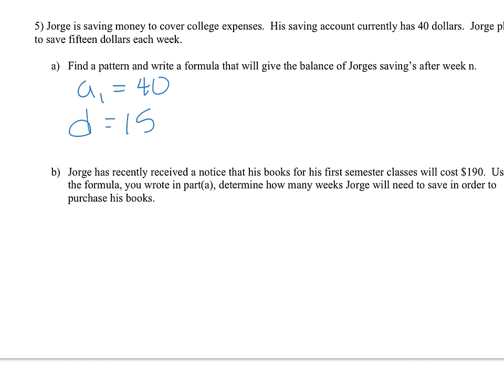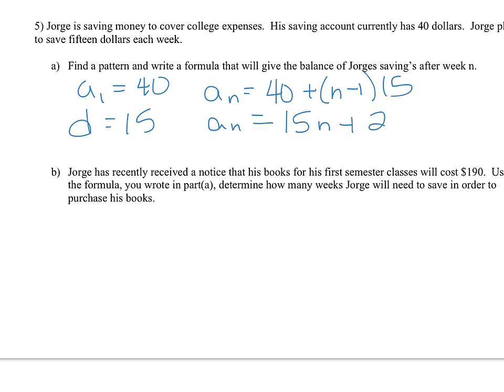So now we just plug it in. A sub n equals the first term, which is 40, plus n minus 1 times the common difference. So a sub n is equal to 15n plus 25.